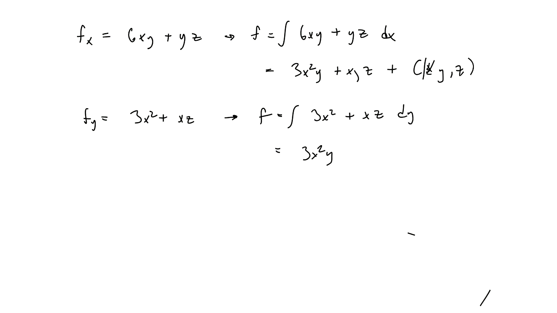The antiderivative of xz with respect to y is xyz. And now it's saying we might be missing functions just in terms of x and z. But you can see we didn't get anything new. So this second one didn't really get us anything new. We're still saying the function is equal to 3x squared y plus xyz, but then maybe missing stuff.